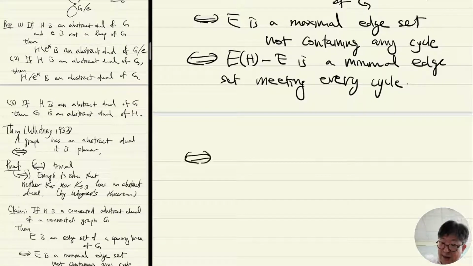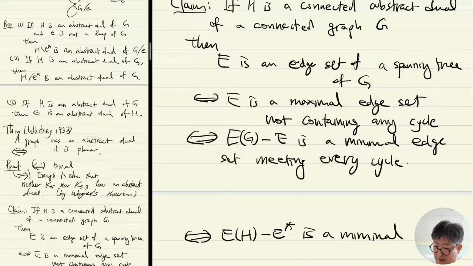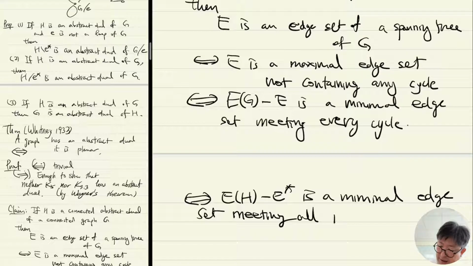Now, when you go to the abstract dual, this becomes E(G). When you go to the abstract dual, E(G) minus E star is a minimal edge set meeting all non-empty edge cuts.